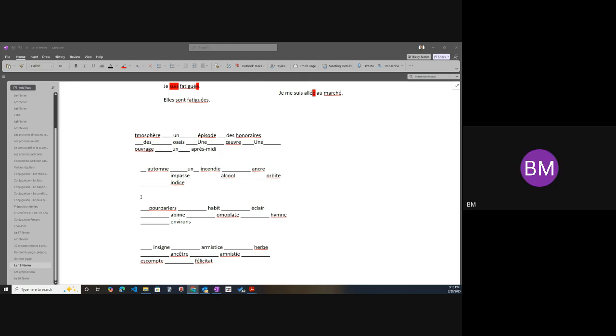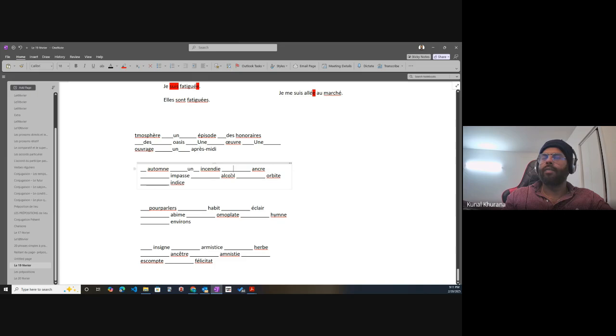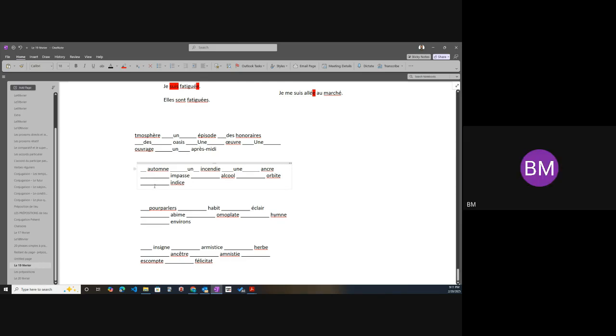It's definite? No, it's indefinite. We are discussing indefinite only. Anchor in English is the thing attached to the boat. When we leave the boat towards the edge, we leave the anchor down in the water so that it holds and the boat doesn't move. Okay.